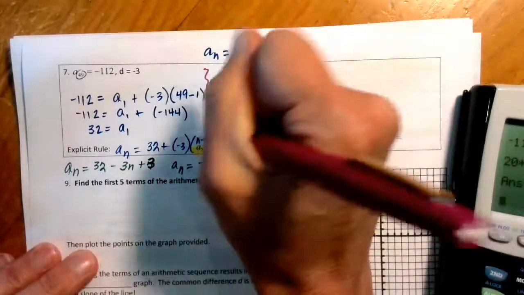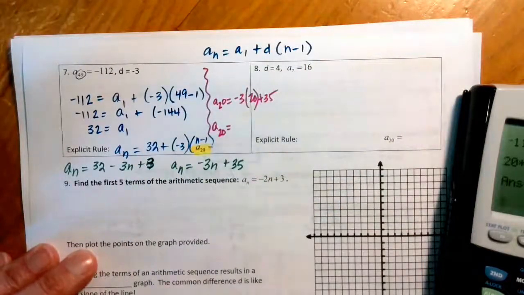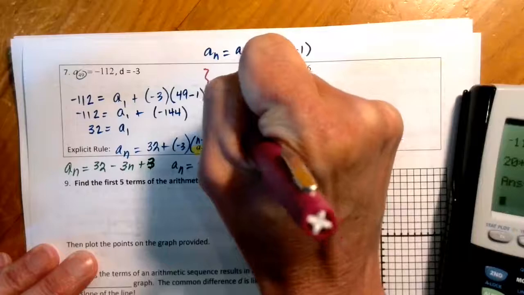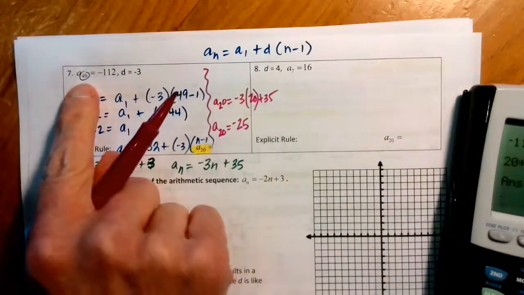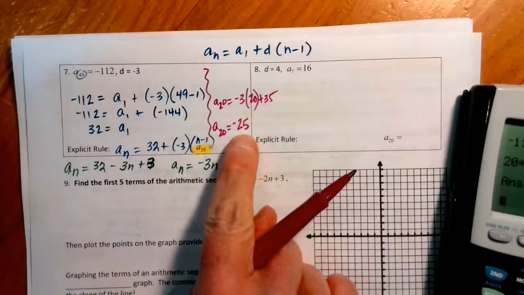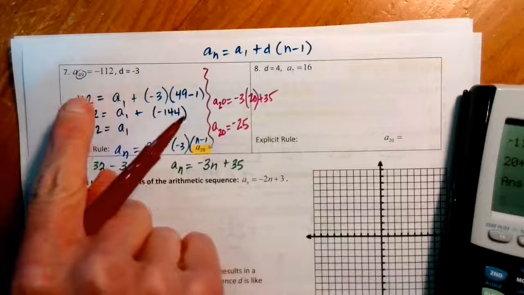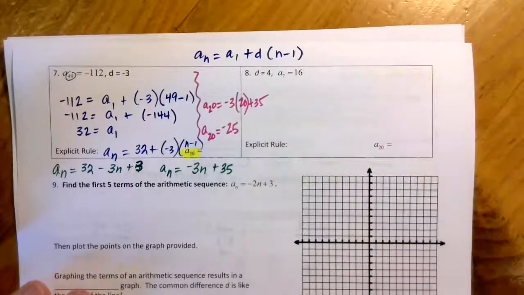So you say, oh, okay, your 20th term is going to be equal to negative 25. And it's good to check and make sure that makes sense, because your 49th term is more negative than that. So that looks good. You can see my sequence is decreasing. It's going down.